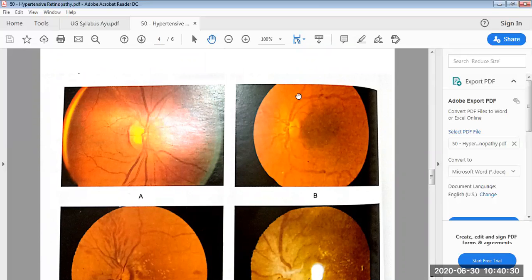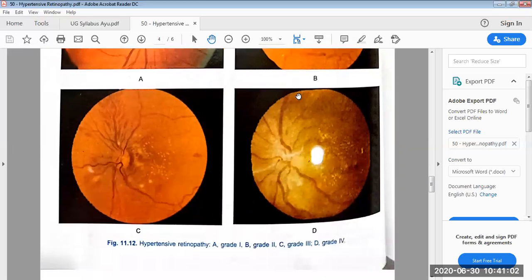It consists of the mild generalized arteriolar attenuation, particularly of the small branches, with broadening of the arteriolar light reflex and vein concealment. Then the B image shows grade 2 of hypertensive retinopathy. It comprises marked generalized narrowing and the focal attenuation of arterioles associated with deflection of veins at arteriovenous crossings.